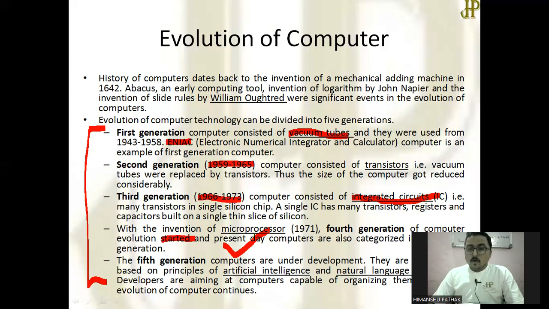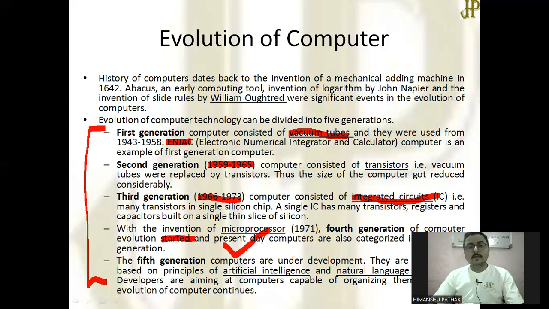All these are considered in fifth generation computers. So I hope now you are very aware of the evolution. First one is vacuum tube, second transistor, third integrated circuits, fourth microprocessor, and then the fifth generation, which is going on nowadays.